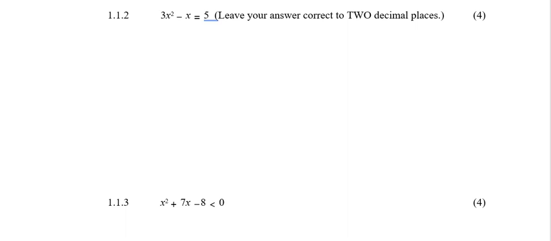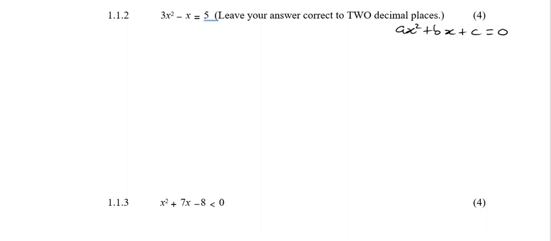The next problem, 1.1.2, we are given 3x squared minus x is equal to 5, but now we are supposed to leave our answer to 2 decimal places. Okay, so for this let me transpose 5 to the other side and write in the standard quadratic format ax squared plus bx plus c is equal to 0.